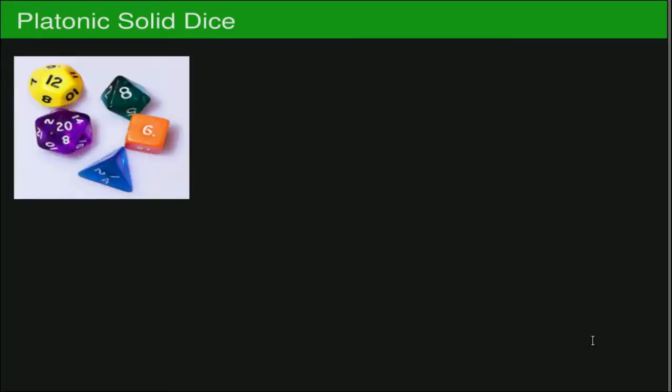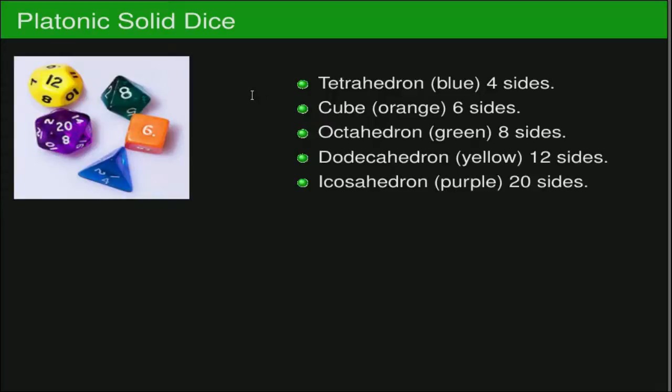Now, probably if you're familiar with dice, you know that the standard six-sided die is not the only kind of die that we can have. We can have Platonic solid dice. Platonic solid dice are going to look something like this, where the tetrahedron, the blue one, is going to have 4 sides. The cube, that's our standard six-sided die.